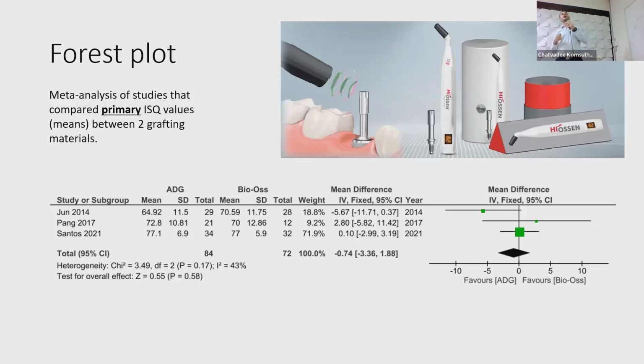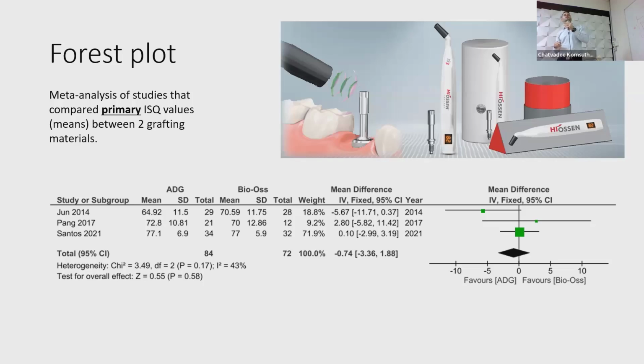So here is a meta-analysis that compared 2 bone grafts, ADG and BioOS, regarding implant stability in that site with this bone graft. We have edentulous sites, sites with missing teeth, and these missing teeth got the ADG in the test group and got BioOS in the control group.